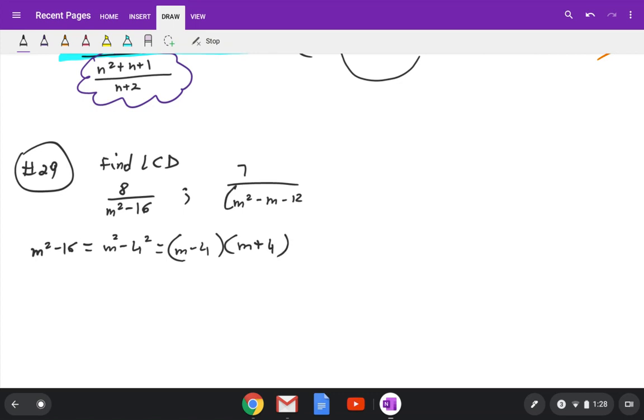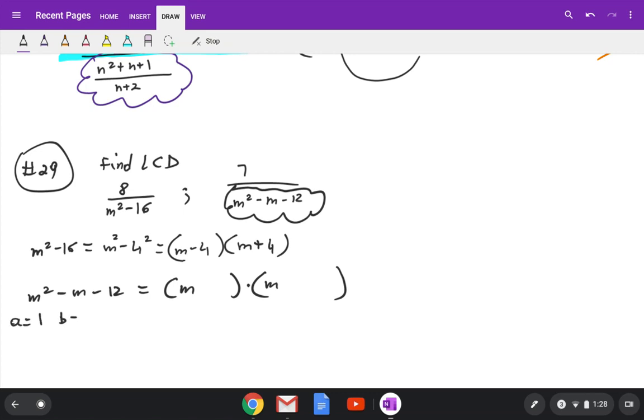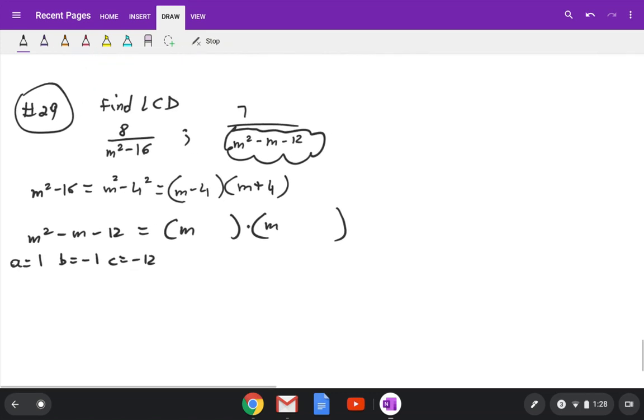Now, this denominator is quadratic, so we need to factor the quadratic. M squared minus m minus 12, you need to rewrite as m times m and something in a parenthesis. So a is equal to 1, b is equal to negative 1, c is equal to negative 12. So to factor that, AC method: a times c is equal to negative 12.